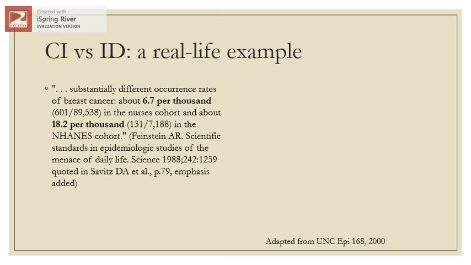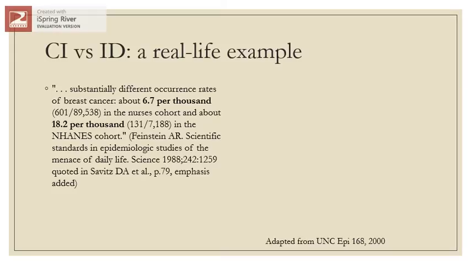One study, called the Nurses Cohort Study, went on for many, many years. It's actually still ongoing, and they studied nurses. They studied these women, who were all female, for many, many years, and they found the breast cancer rates in this cohort to be 6.7 cases of breast cancer per 1,000 women.